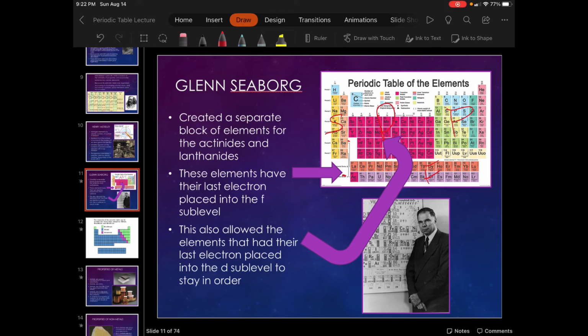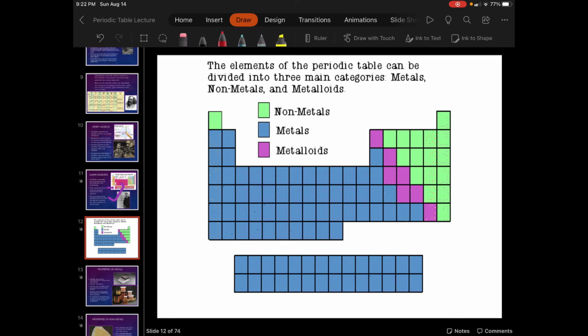This allowed the elements that had their last electron placed into the sublevel D to stay in order when he took these out. It also made the periodic table able to fit on a single sheet of paper. So thank you, Seaborg.